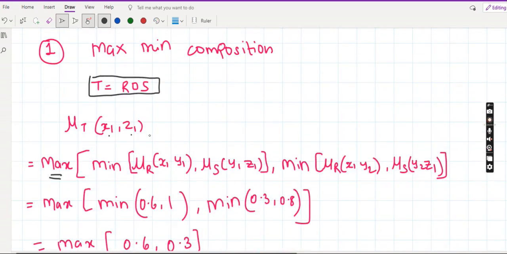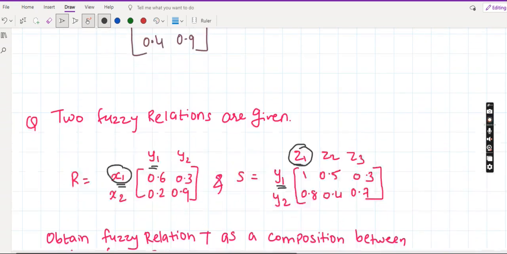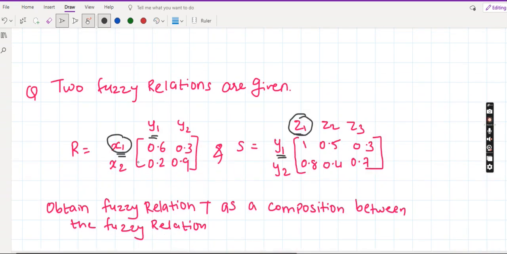How do you do that? The relation between x1 and z1 is given as the minimum of (x1 y1, y1 z1) and the minimum of (x1 y2, y2 z1). So between y1 and z1, we have both the operators working: x1 y1 and y1 z1. Then you have x1 y2, and this y2 has a relation with z1.